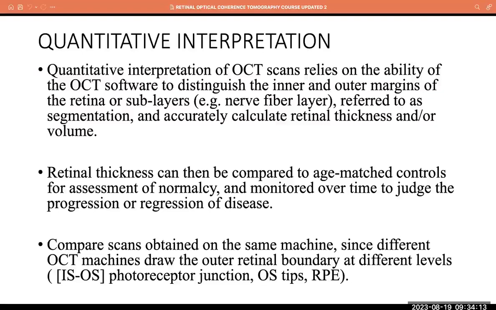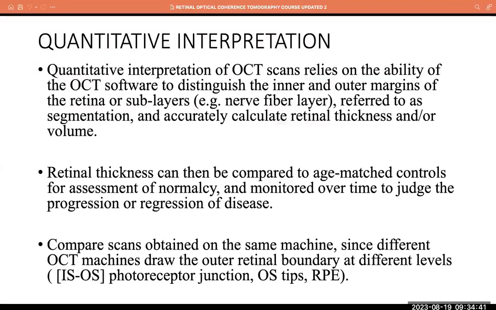Different machines have their reference planes, and most would choose the ILM and the RPE as their reference plane to measure the thickness of the neurosensory retina. Then the qualitative part is seeing the markers that represent the different layers of the retina and their condition.